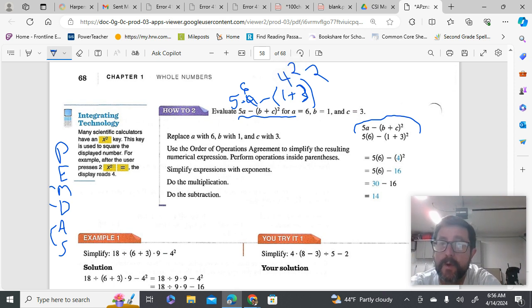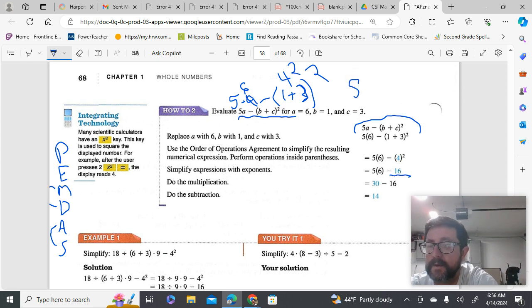Then we have to square 4. And 4 times 4 is 16, as they have it right there. So now you are going 5 times 6 minus 16. So let's rewrite this. Let's go 5.